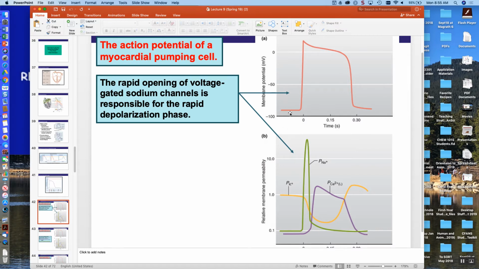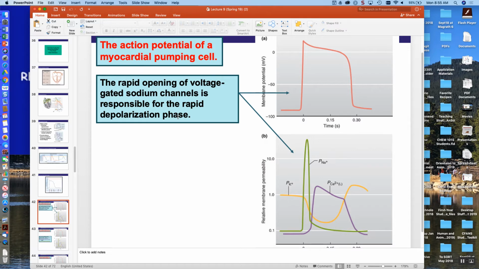So that's what's responsible for this rapid depolarization. And here's some text if you need it. The rapid opening of a voltage-gated sodium channel is responsible for the rapid depolarization phase.